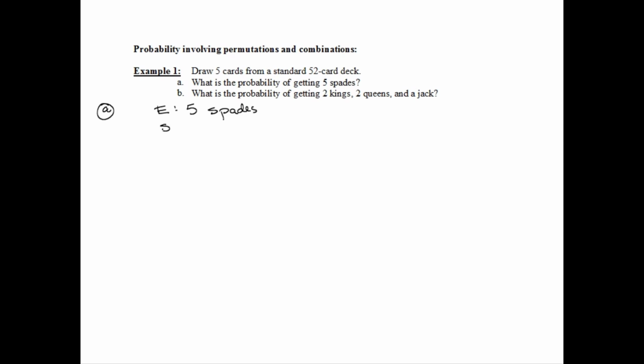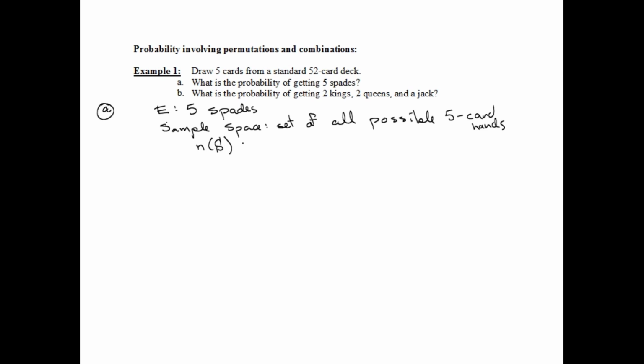Our sample space is the set of all possible 5-card hands. How many 5-card hands are possible?